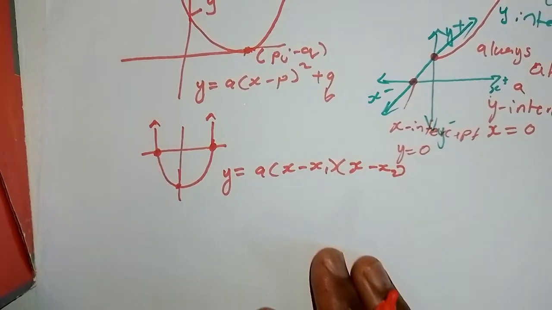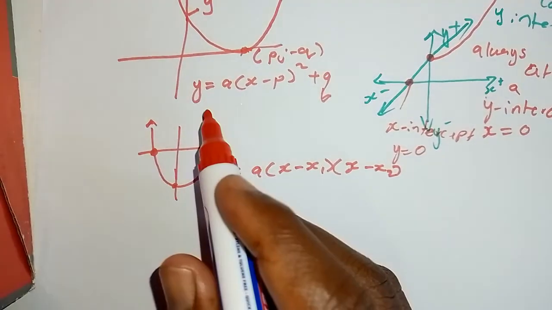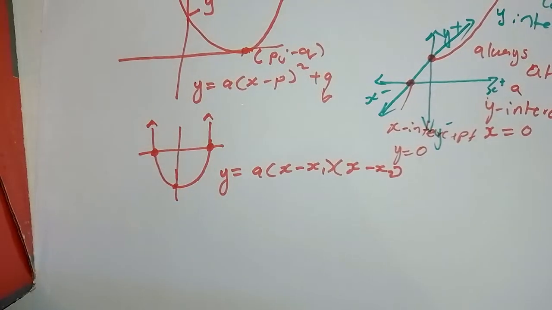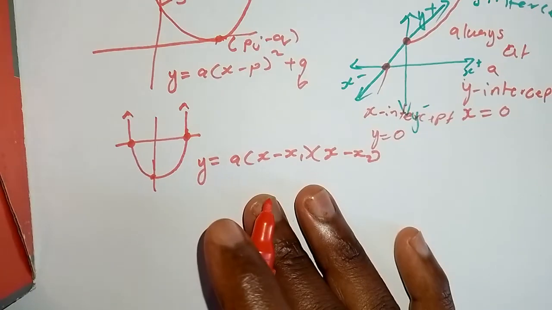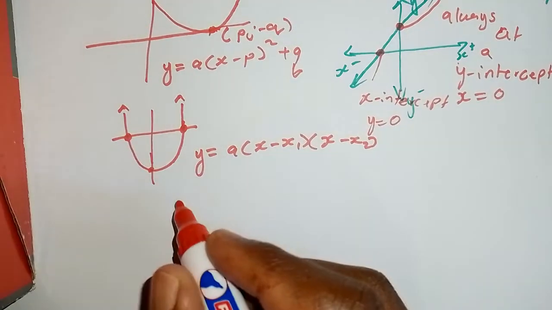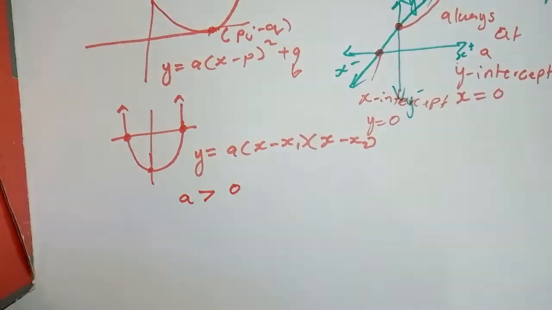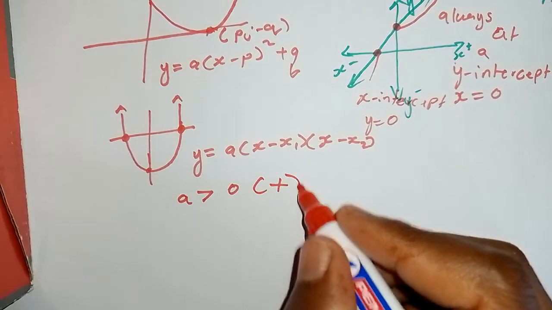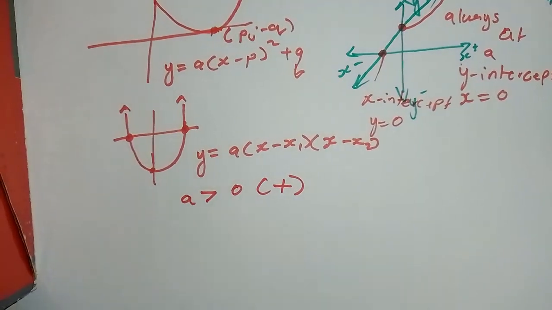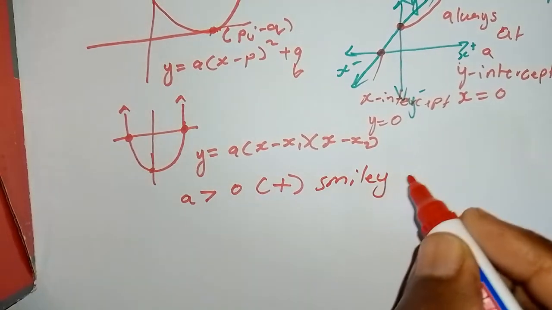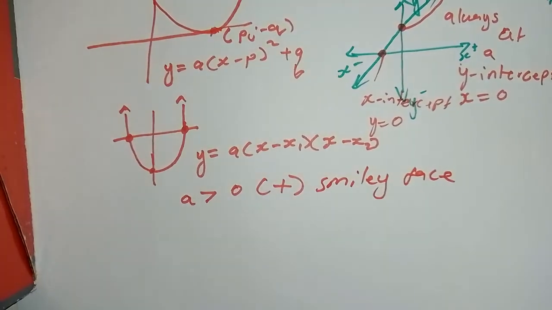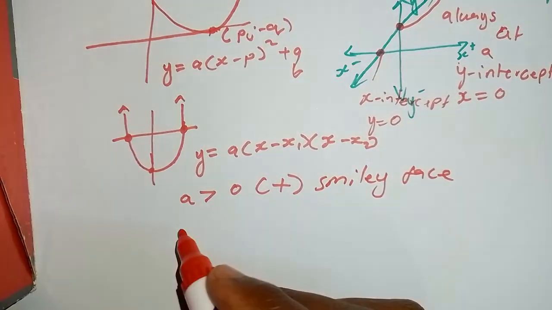Now, what is a? A represents the shape of the graph. If your a is greater than 0, if your a is positive, that is what we call a smiley face. This is the graph that I was drawing.